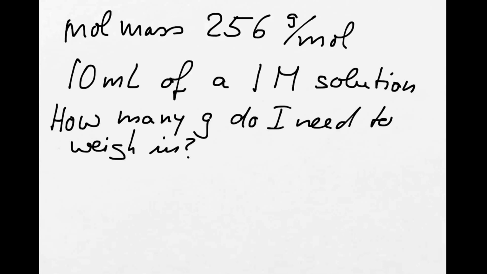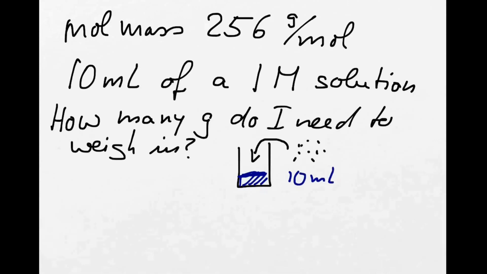It's always good to have a little picture in your head. We have a container, and we put in some substance. That's our substance. And then we add water, usually water, so that it is a total of 10 milliliter.